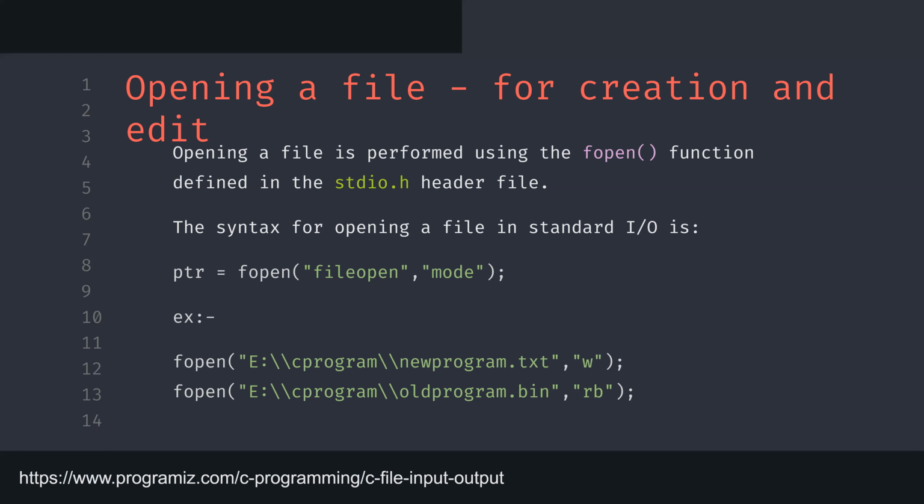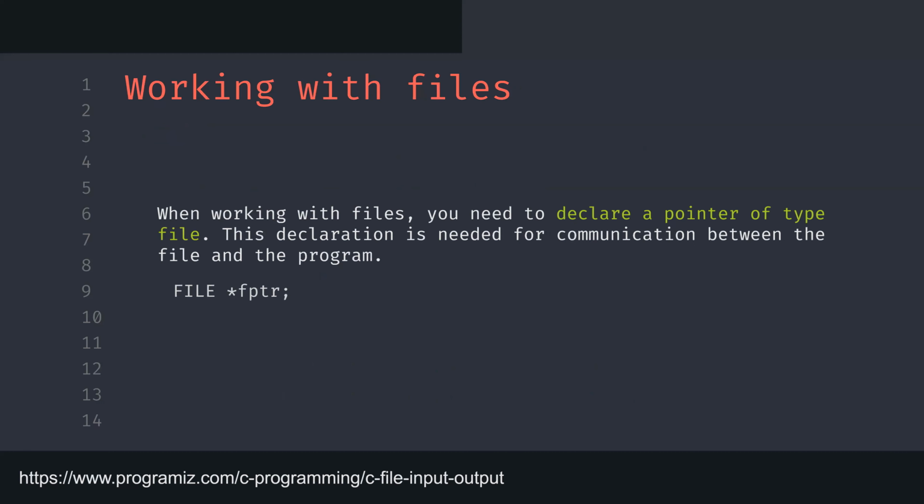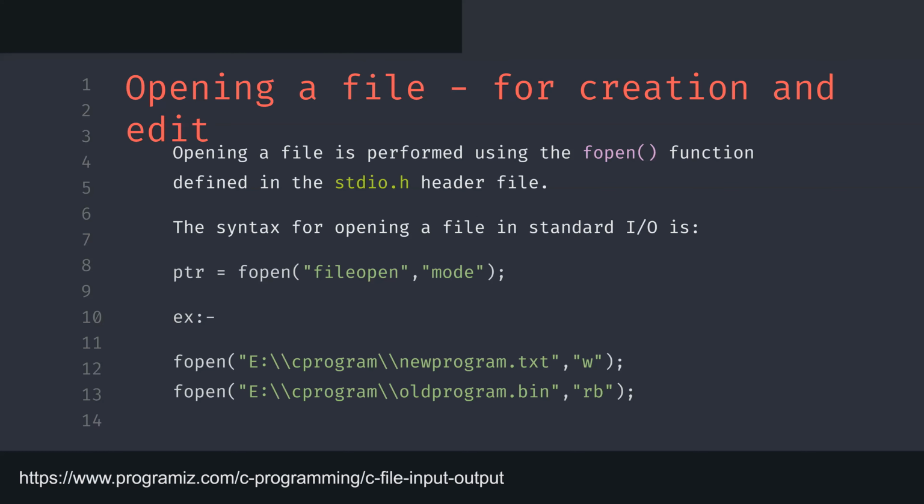This ptr is the pointer to that particular file, and the fopen function has two parameters. The first one is the path to that particular file, and the second is the mode.